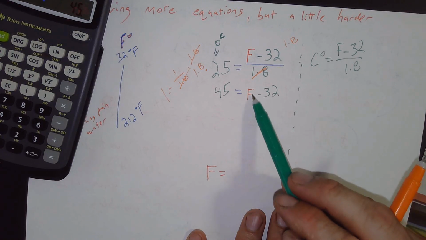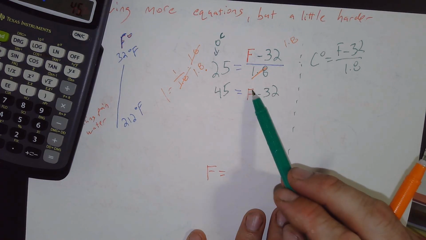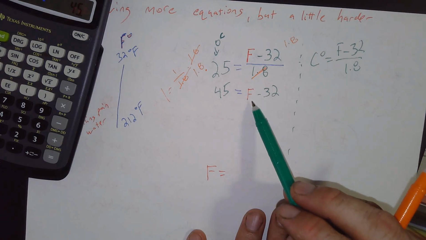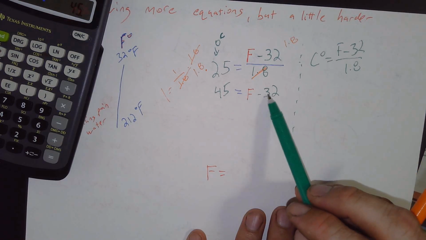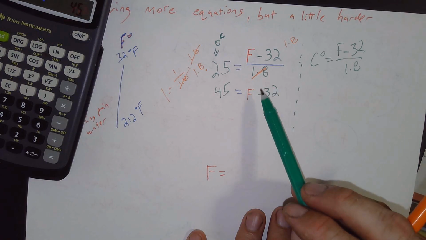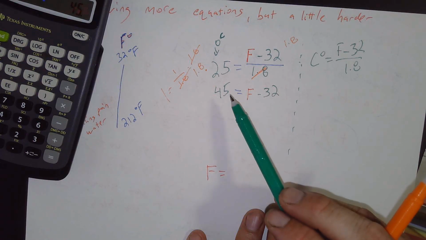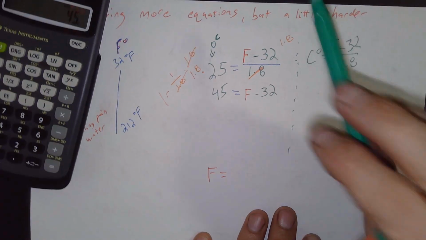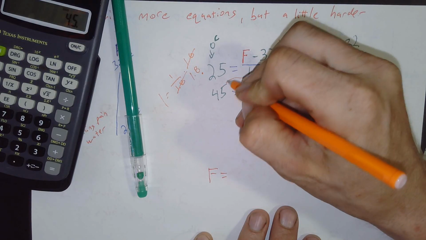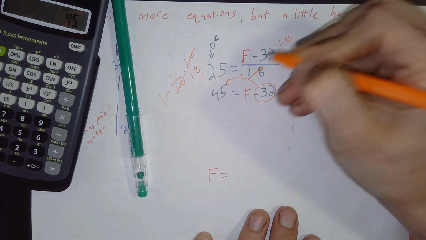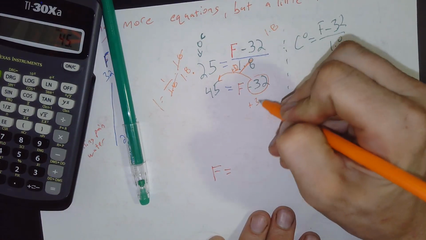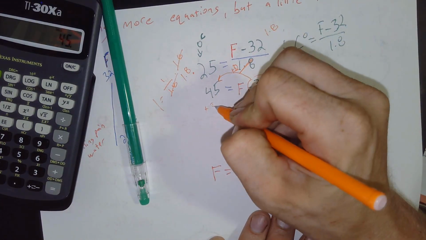Okay, so now it's pretty easy to go from here. I have 1 degree Fahrenheit, there's a 1 in front of it. I need to take this 32 over this way and move it to this side. One way I can do that is swing it over there and make it plus 32, or I can add 32 to both sides.